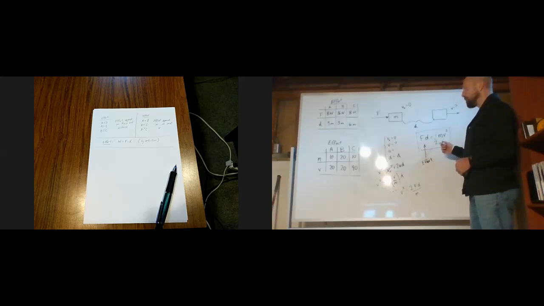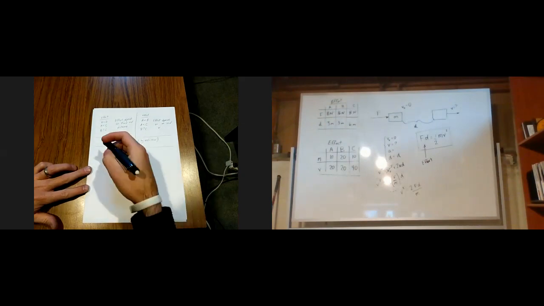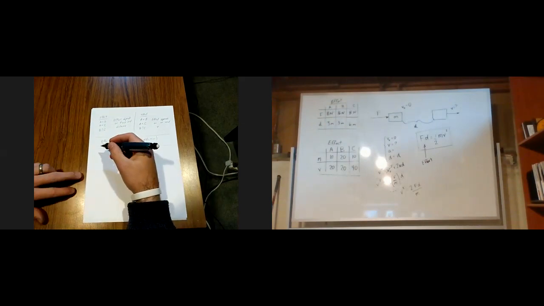And then the conclusion is that the effect variables, mass and velocity, are related to the amount of effort that was put in. Here's what we conclude from this work.